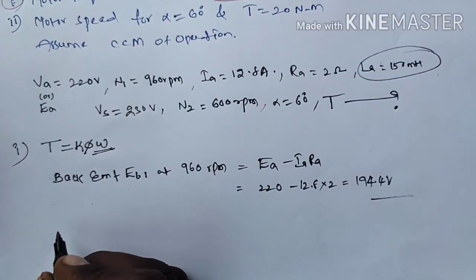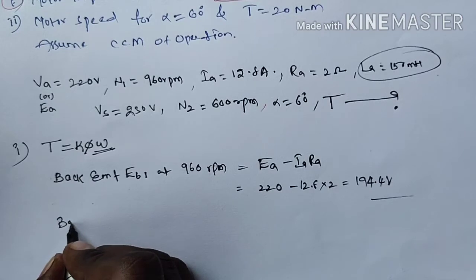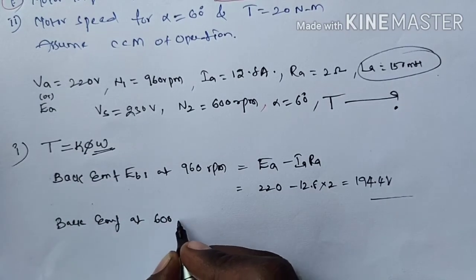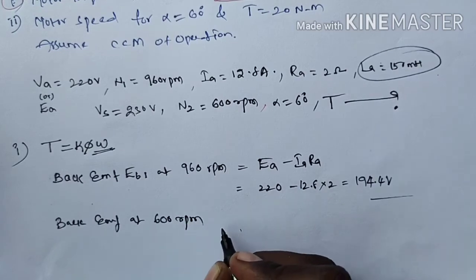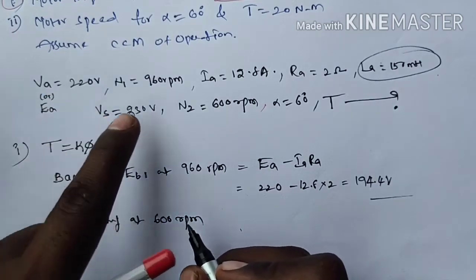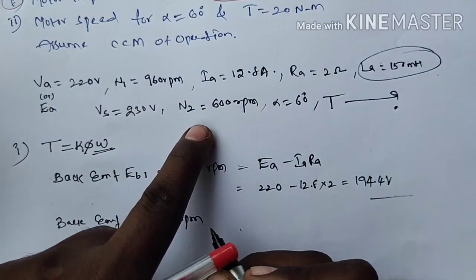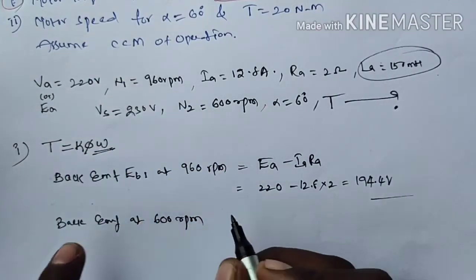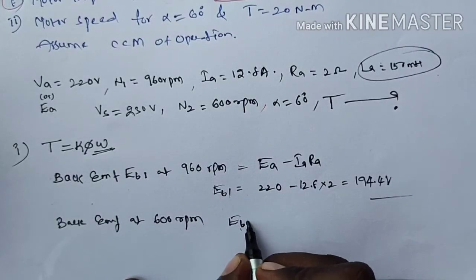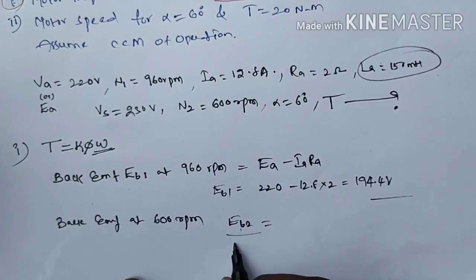It means the back EMF at 600 rpm can be written in terms of N2. N2 is given, N1 is given, and the EB1 value we got. To calculate EB2, what will be the equation?